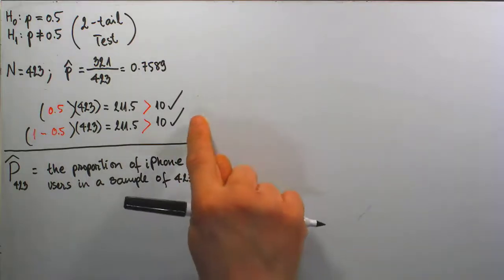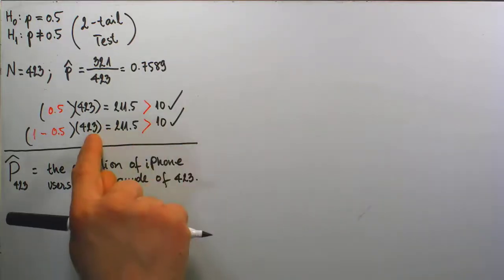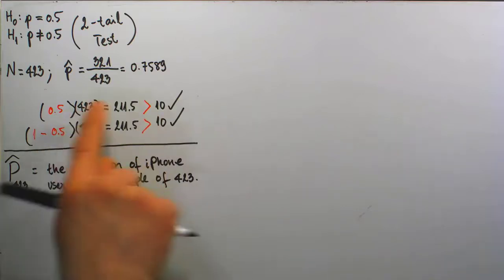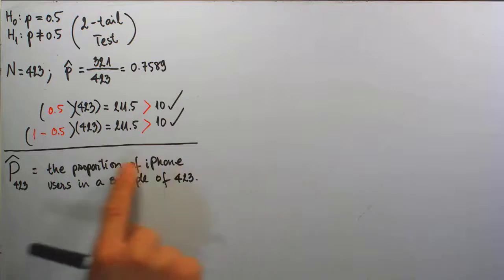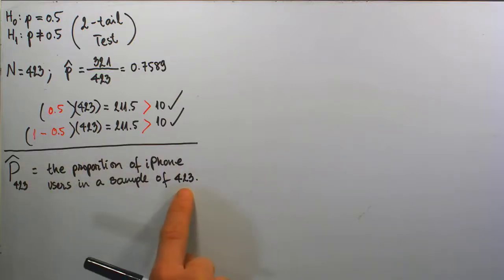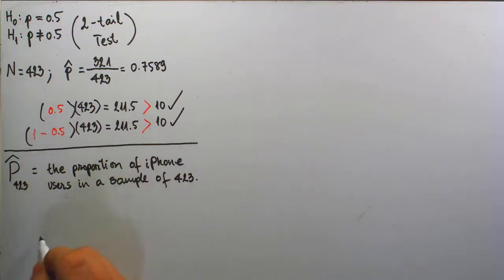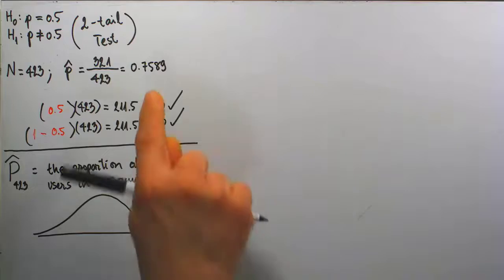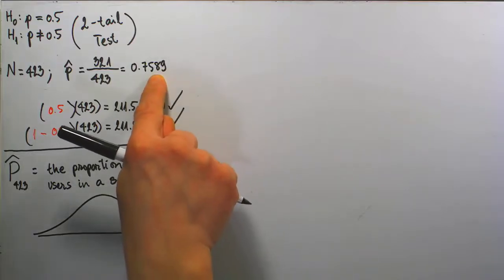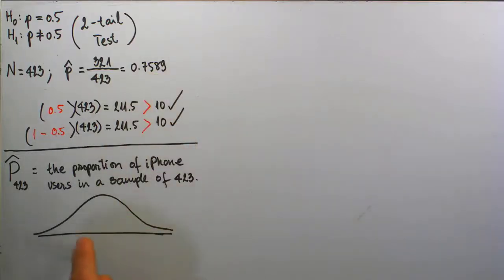Now after realizing that our sample size has passed the 2 requirements, we know that this distribution of all sample proportions at size 423 can be placed on a bell curve, including our particular sample. Our particular sample can also be found on this same bell curve.